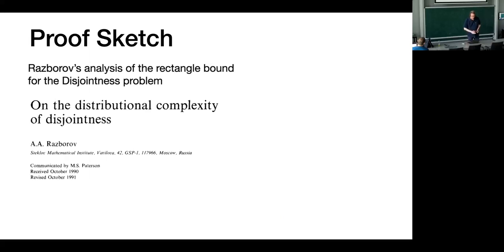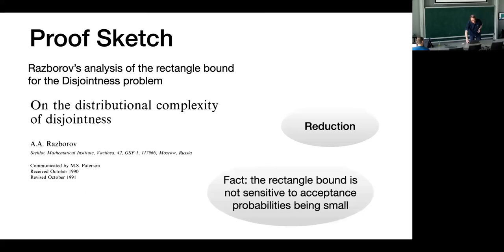And I'm not going to say much about the lower bound. It's a big appeal to Razborov's distributional complexity of disjointness paper. And this uses the rectangle bound to give a lower bound for disjointness, but it can be used for many other functions as well. Basically, you can also think of there being a reduction from this problem to disjointness, or rather the other way around.